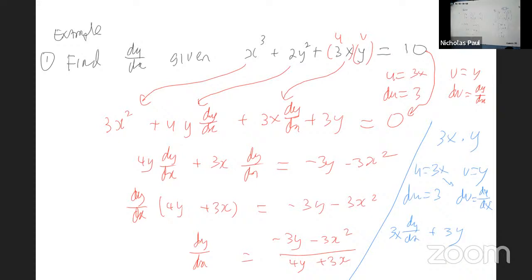I say let's do it part by part. Just look out for the product rule, right? That's generally where some people make mistakes. Right, just try this to get warmed up.